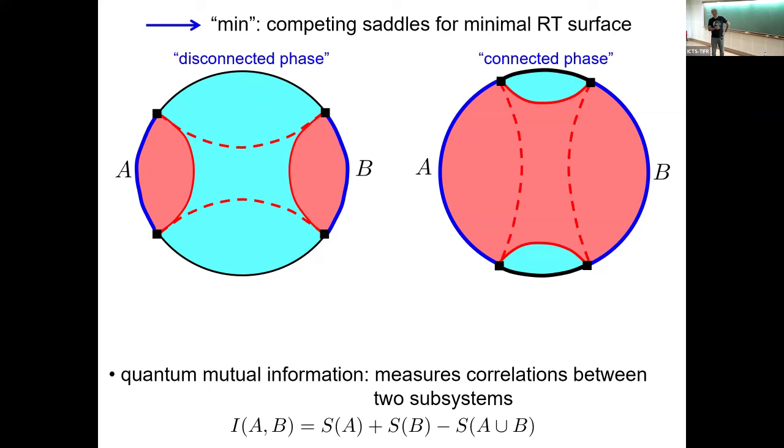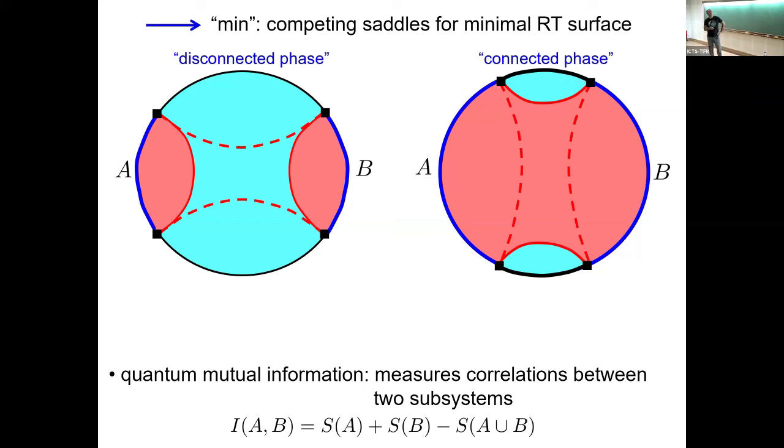There may be what's called the disconnected phase, where the Ryu-Takayanagi surface is just the usual Ryu-Takayanagi surface that I would have evaluated for each of these regions individually, or there may be a connected phase where the RT surfaces stretch between the endpoints or the boundaries of our two regions to form a single connected entanglement wedge in the bulk.